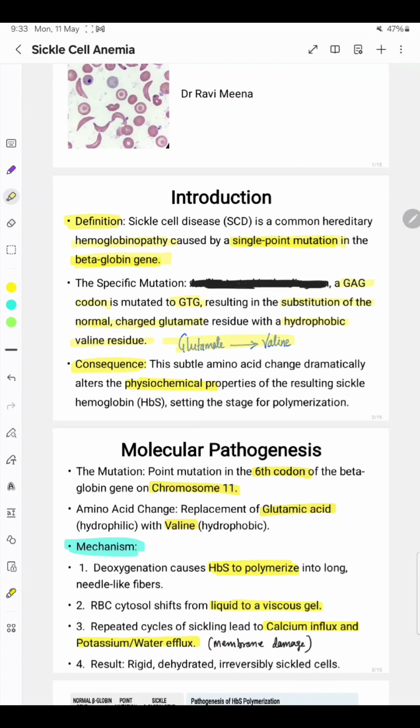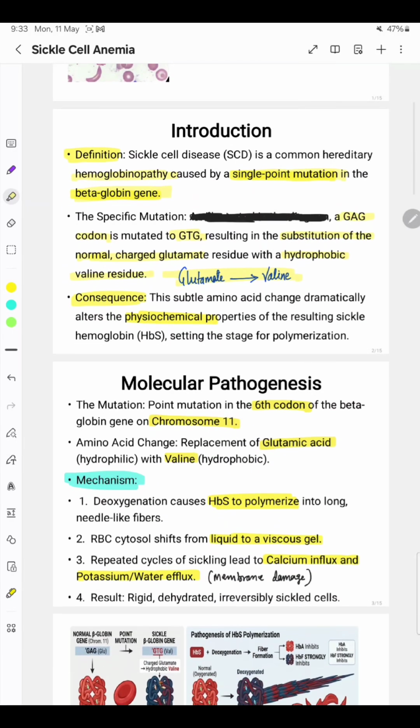Glutamate is replaced by valine. As a consequence, the subtle amino acid change dramatically alters the physicochemical properties of the resulting sickle hemoglobin, setting the stage for polymerization.